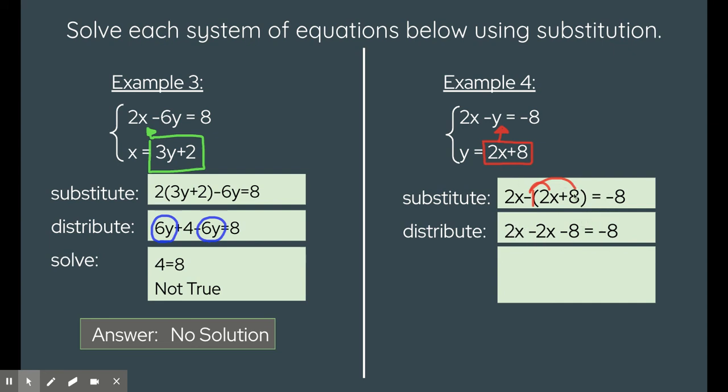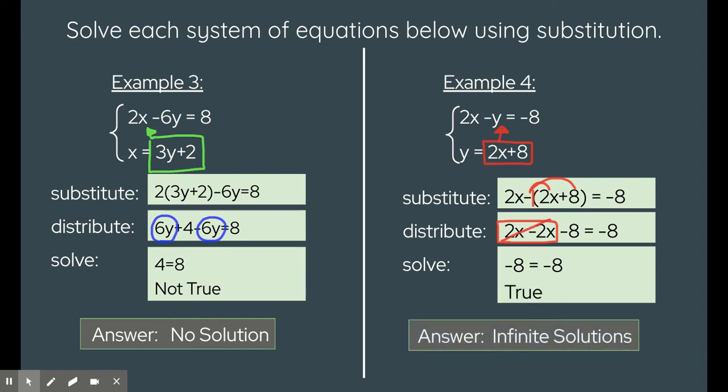Only this part did. Now I'm going to add together my x's. 2x minus 2x is 0. So I'm left with negative 8 equals negative 8, which is true. Negative 8 and negative 8 are the same number. So if your variables go away and you have the same number left on both sides, that's true, which means infinite solutions.